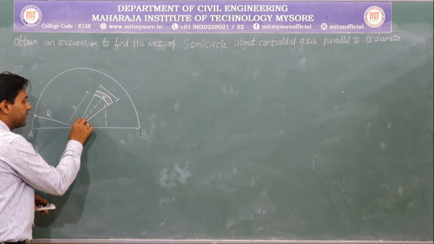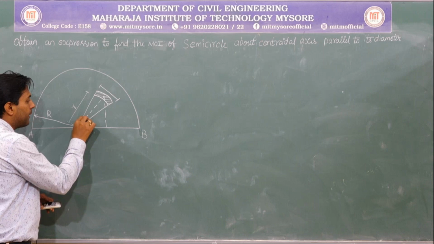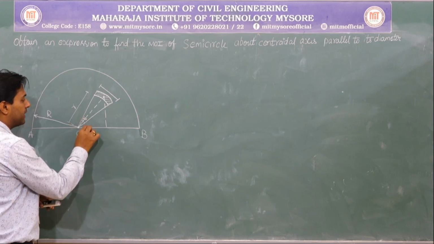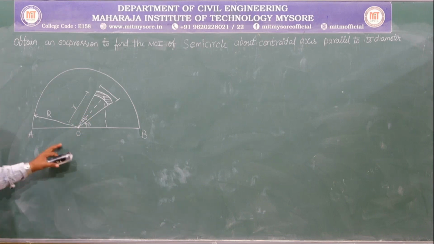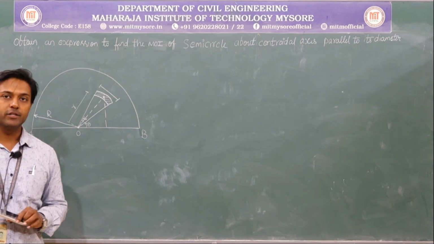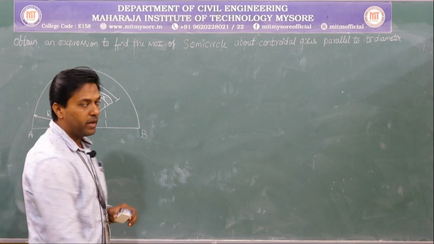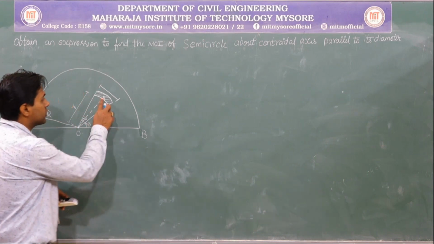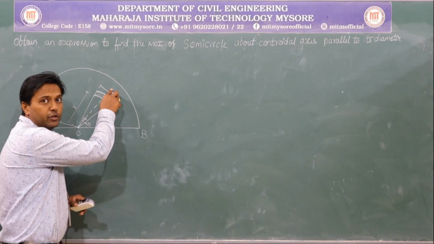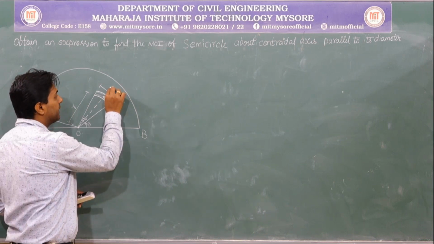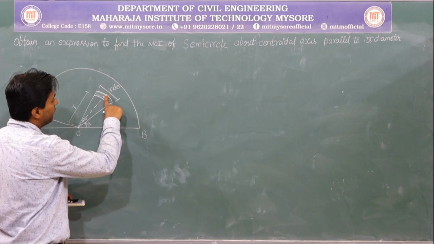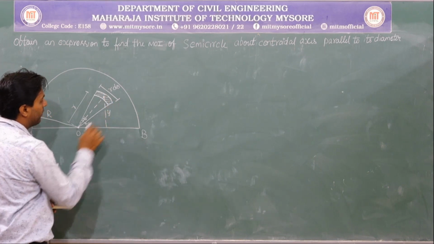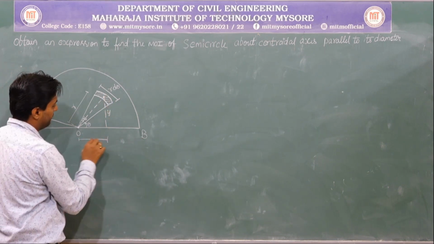Let me consider that this is d theta, and this angle as theta. Keeping this in mind, let us proceed further. Let me consider the vertical distance as y and the horizontal distance as x.